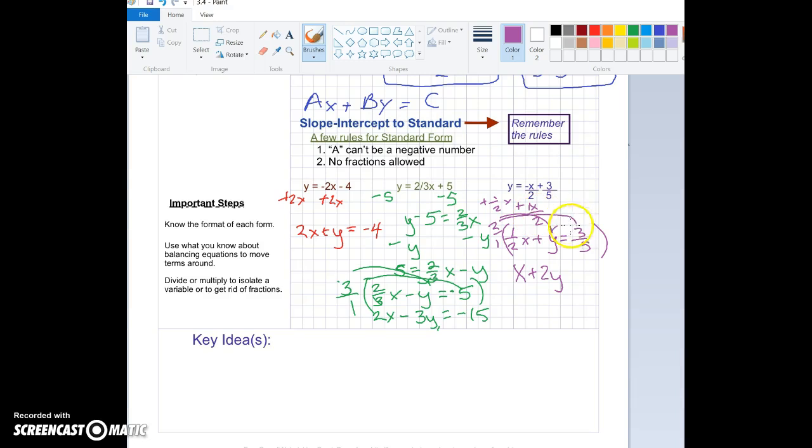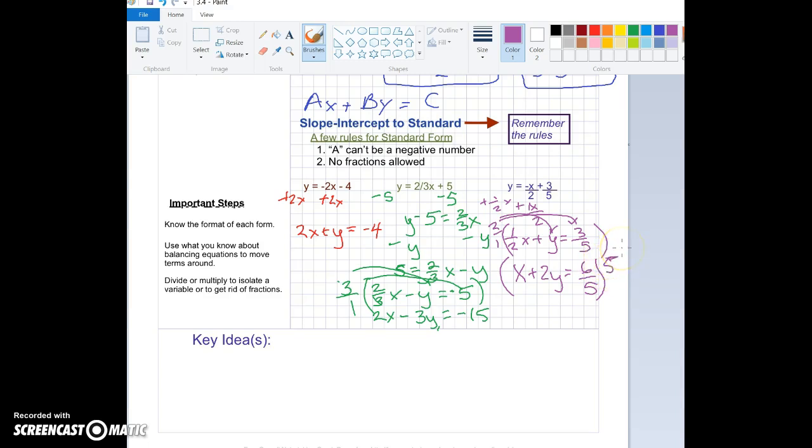And then 2 times 3/5 is 6/5. Am I done yet? I'm not done yet because I still have a fraction. I have to get rid of the 6/5, and I have to turn that into a constant that's not a fraction, a real number or a whole number. So the way to do that is to multiply this 6/5 by a 5.